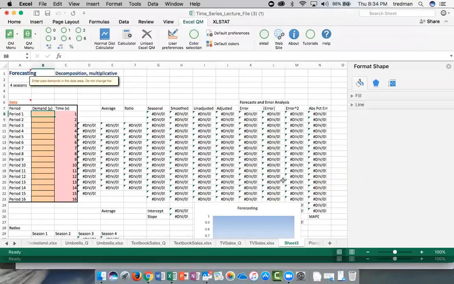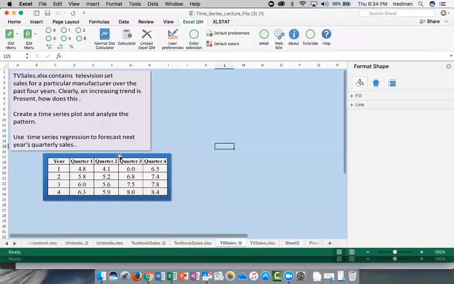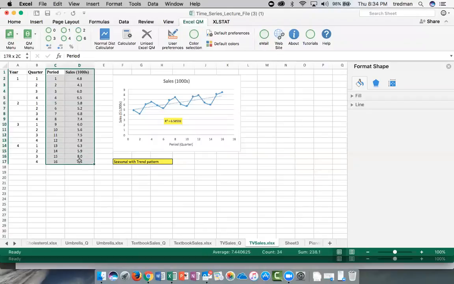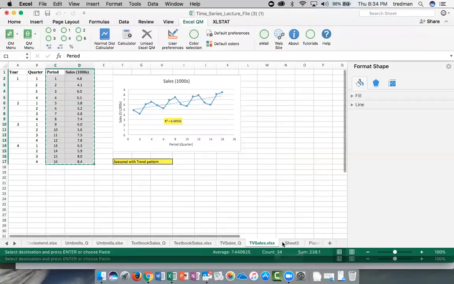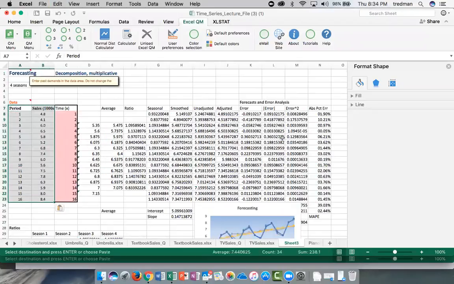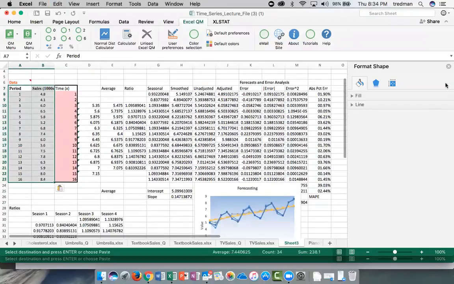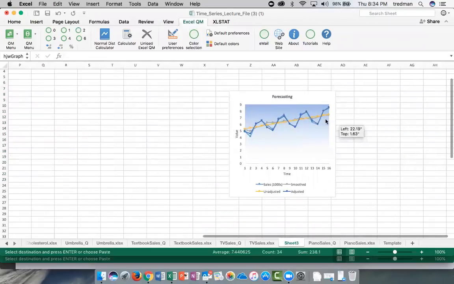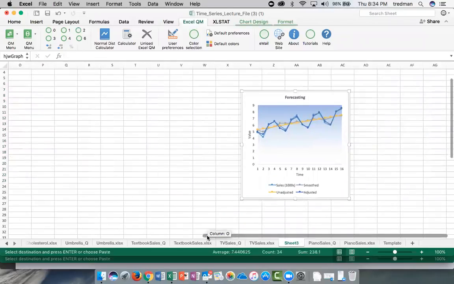So now I have to actually just paste in my data. Okay. It's a lot to look at in this screen. I'm just moving that out of the way.